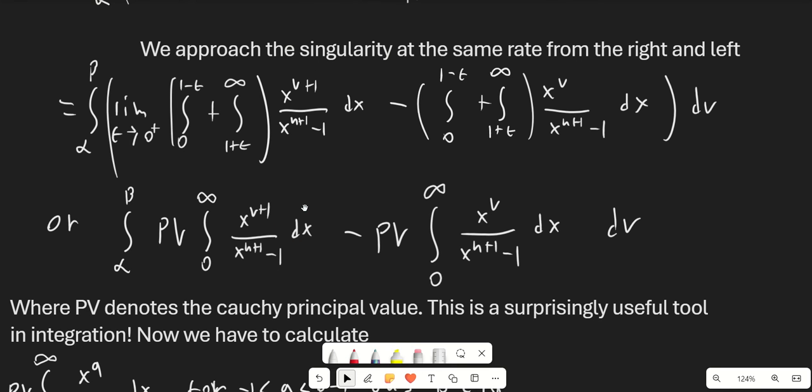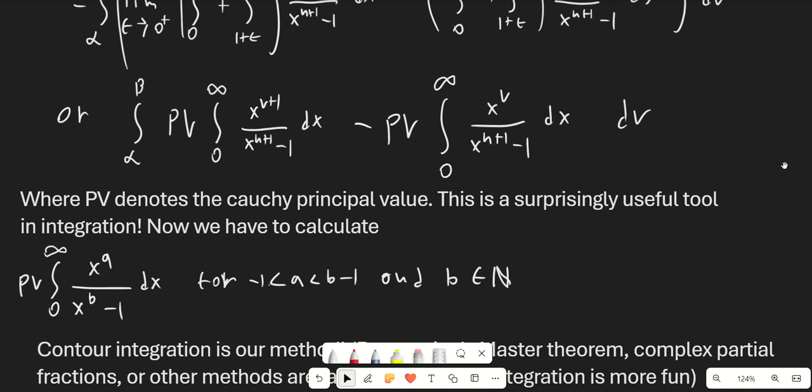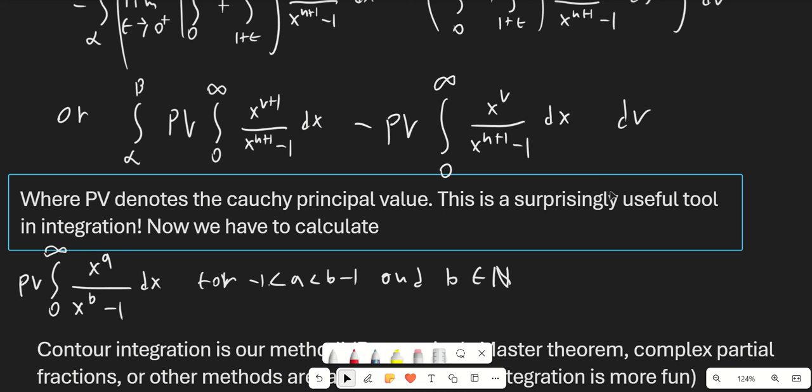If we just approach the singularity at the same rate from the left and right, then the infinite contributions will cancel with each other. So we can go ahead and calculate the Cauchy principal value and then subtract those Cauchy principal values, and it gives us back our original integral value. Usually we don't see much use of Cauchy principal values, again, because it's telling us what the value of the integral would be if it converged.